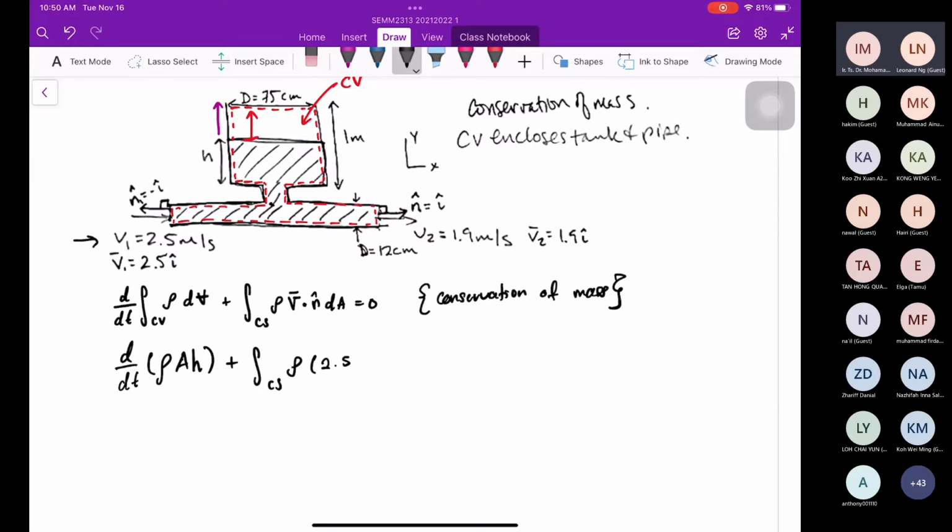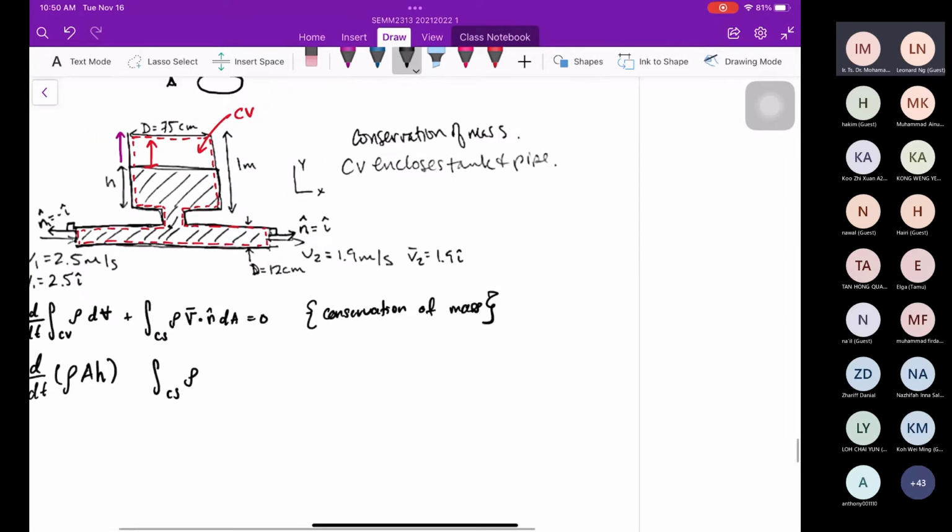In order for you to understand easily, it is better I teach you like this. Flow into the control volume is negative. Remember? Flow out of the control volume is positive. For example, this is the control volume. Out of the control volume, positive.